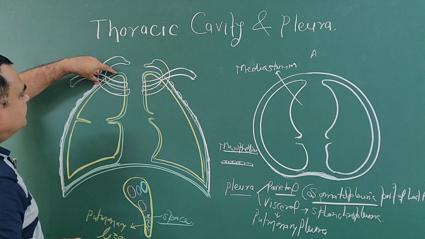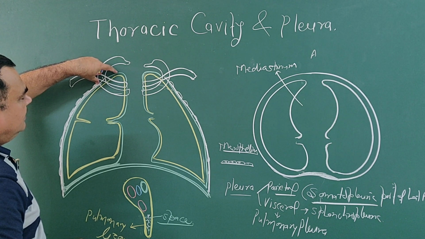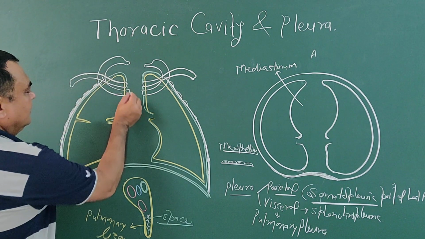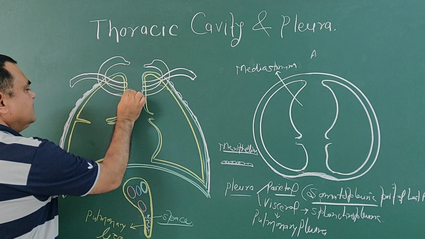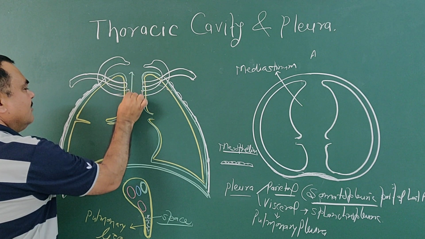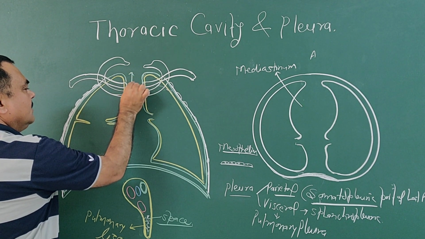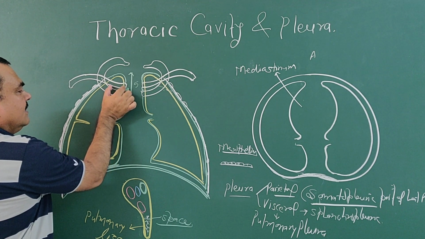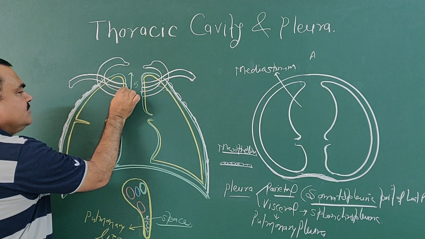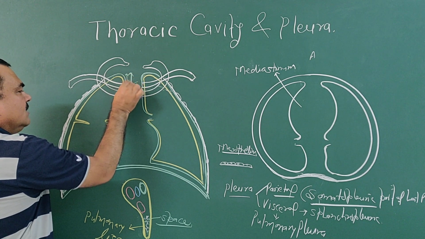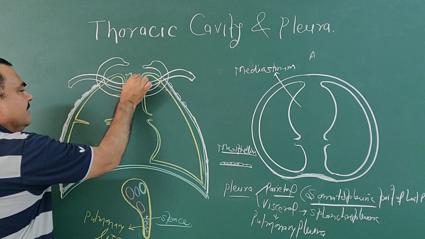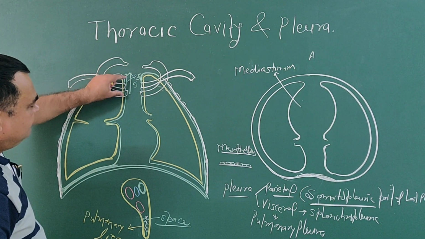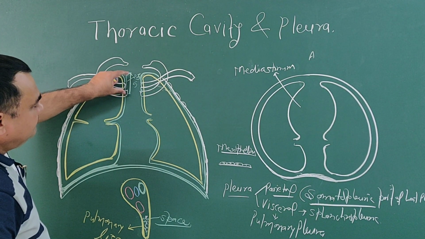The part which lies here in the neck region, this part, distance from here to here is about first rib to about 5 cm. From medial part of medial 1/3 of clavicle, if you see the height of apex is about 2.5 cm. So from here to apex 2.5 cm, from first rib it is about 5 cm.